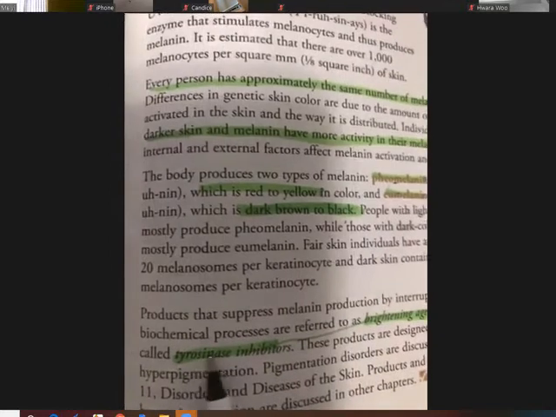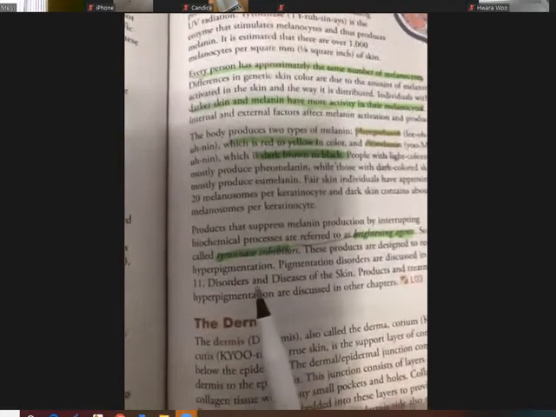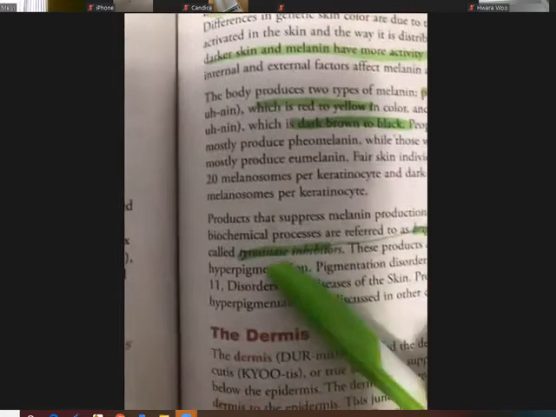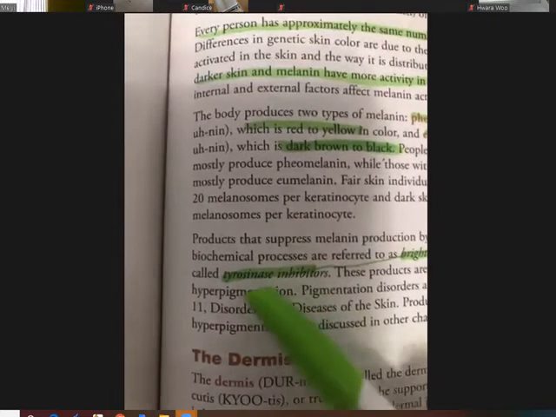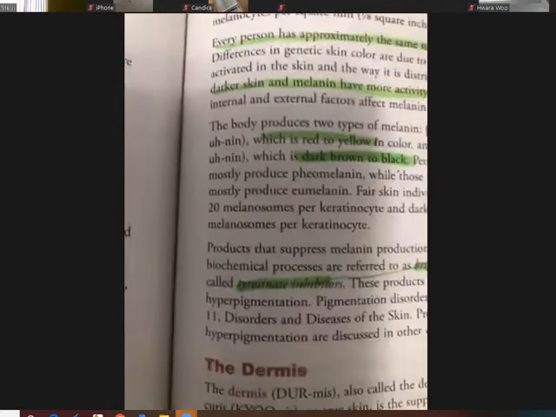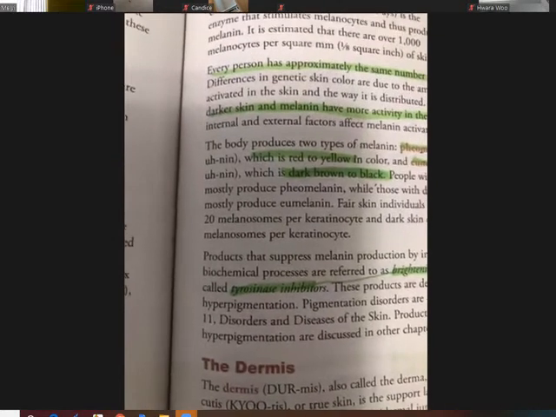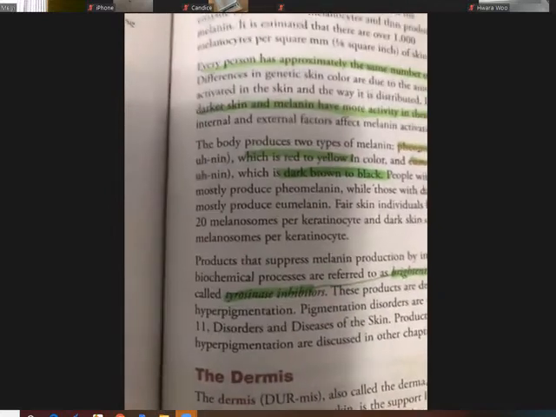Remember, tyrosine is the amino acid that is changed by the enzyme tyrosinase into melanin. So if you don't want to be darker, you need to put on a brightening agent to stop this enzyme from producing. That's why it's called tyrosinase inhibitors. And this product is also designed to reduce hyperpigmentation.